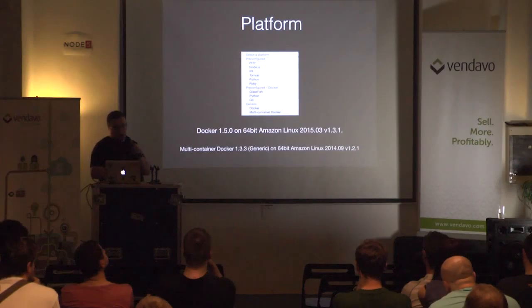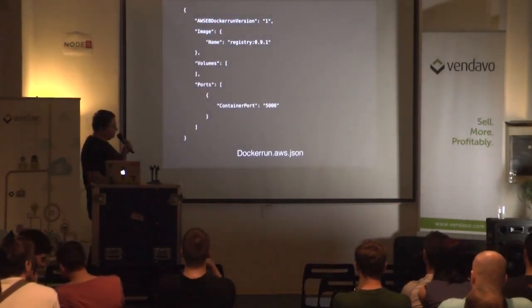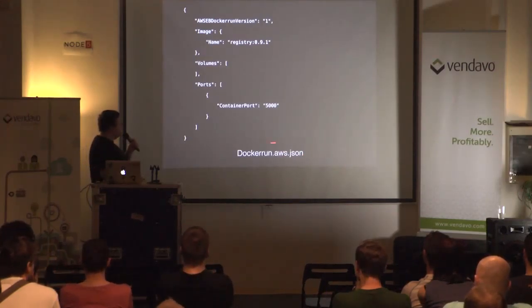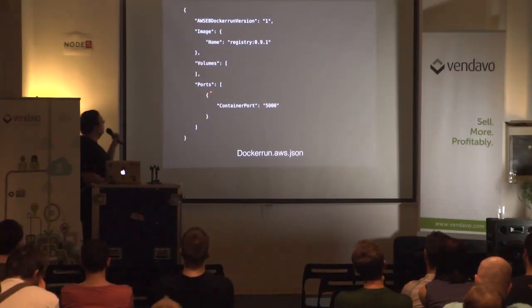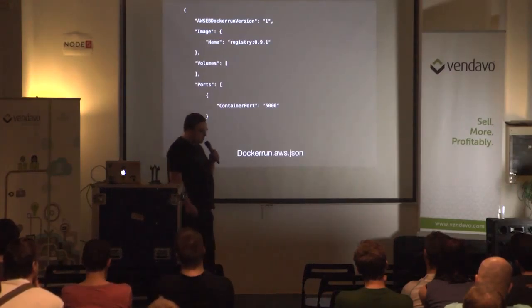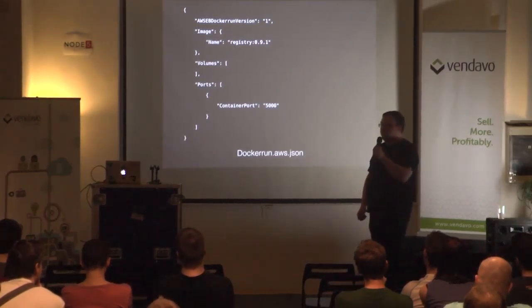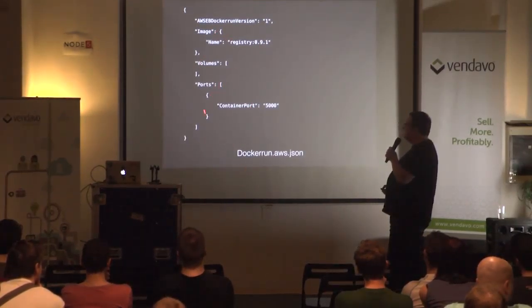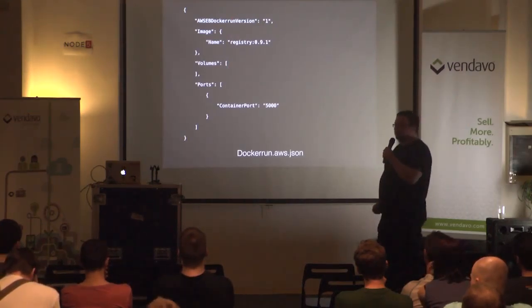How can you configure your application? It's very simple. You can provide Dockerrun.aws.json, and this is some language from Amazon Web Services. You can provide the version. They have two versions. Version 1 is for single containers, and if you have version 2, you can use multiple images, multiple virtual hosts, and all that.